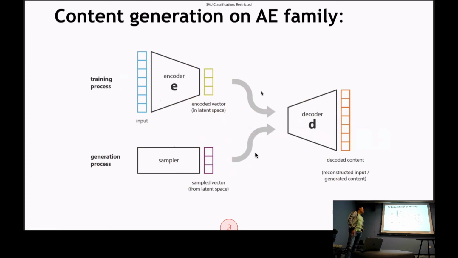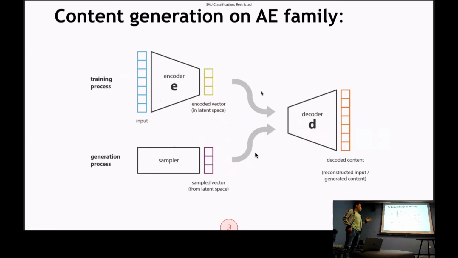Now let's talk about content generation with the autoencoder. As you can see here, in the training process, the encoder will try to learn a compact representation of the original data, and the decoder will be trained to decompress from the compact encoded version back into the original data, right?